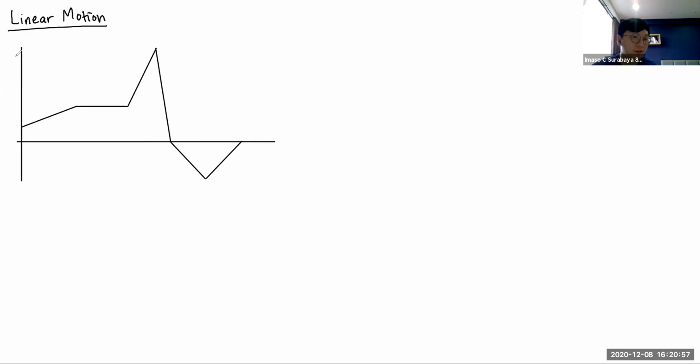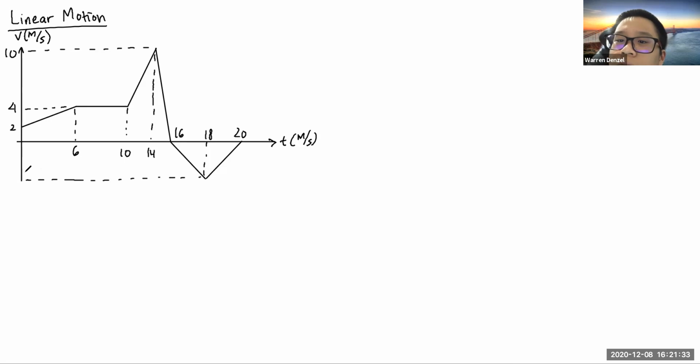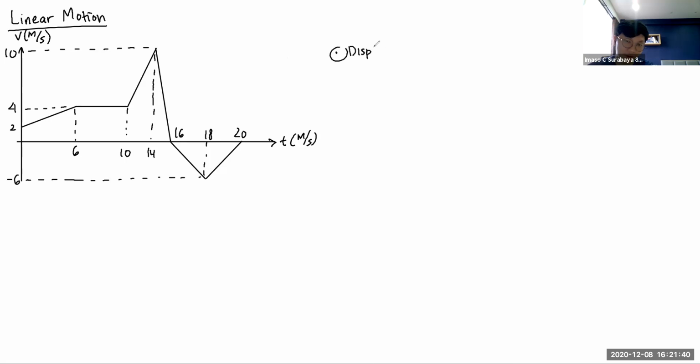Okay, so this is a VT graph. Displacement and distance.